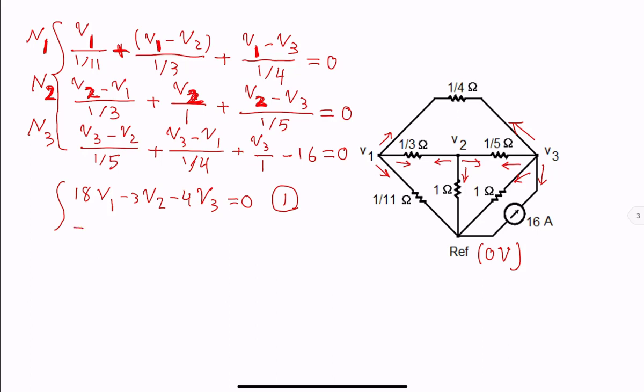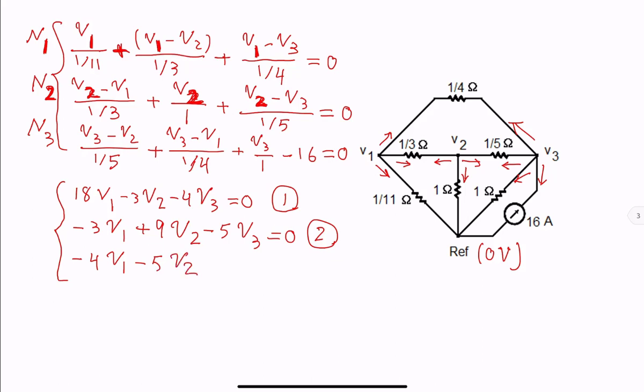Node 2, we get negative 3V1 plus 9V2 minus 5V3 equal to 0. Call that equation 2. And the last equation is negative 4V1 minus 5V2 plus 10V3 equal to 16. That's our third equation.